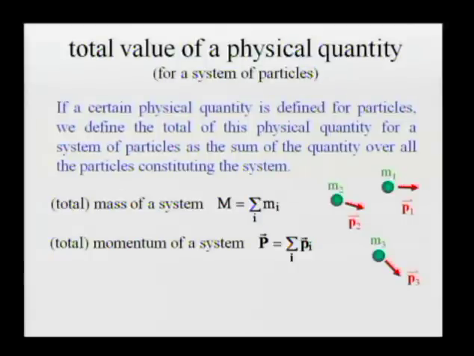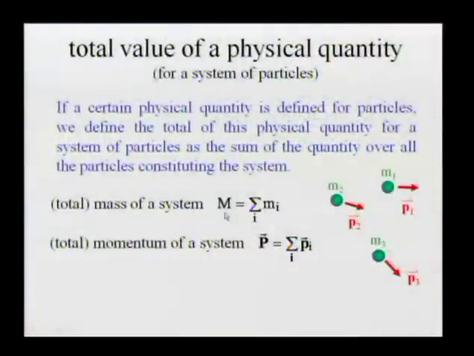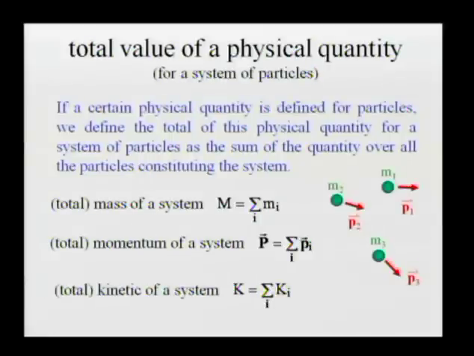And to make a distinction between a quantity for a single particle and for a body, we use capital letters, consistently with the book. So for the total mass of an object, if we think about it as an object, not as a particle, we put capital M. Total momentum of a system will be capital P. Sometimes there is a problem, because for kinetic energy of a single particle we already use capital K, so that we don't confuse this K with another K. And we actually have two more small k's.